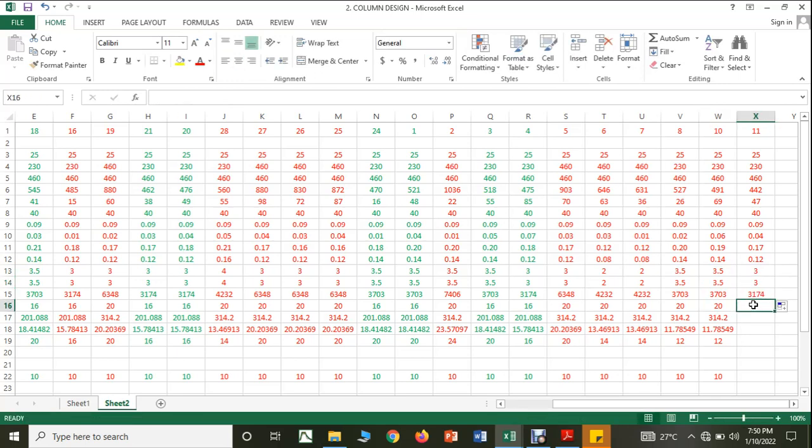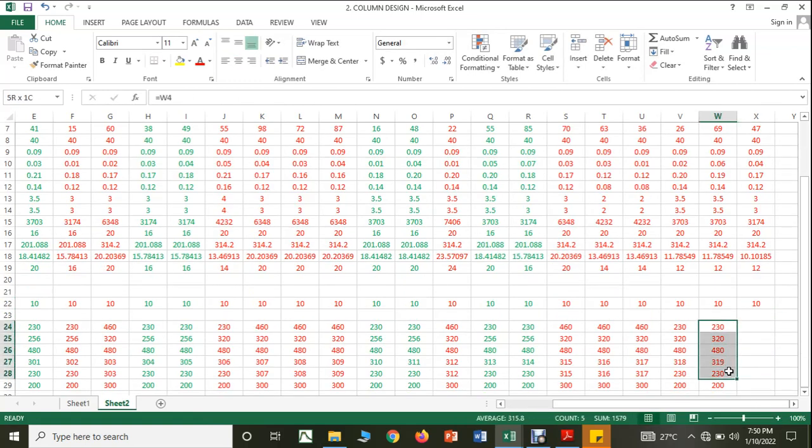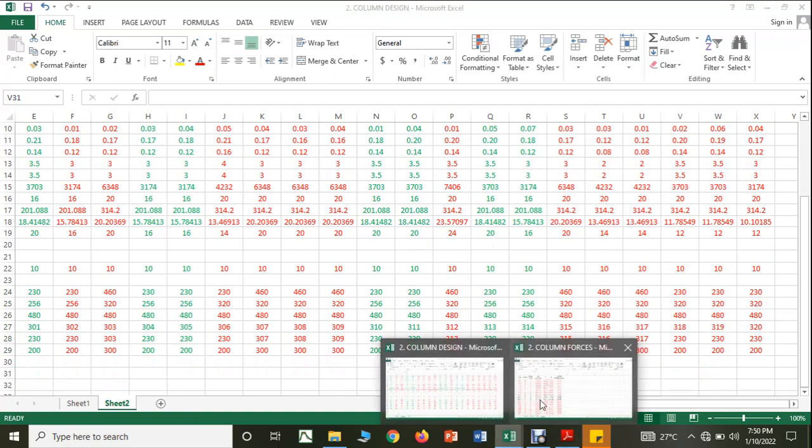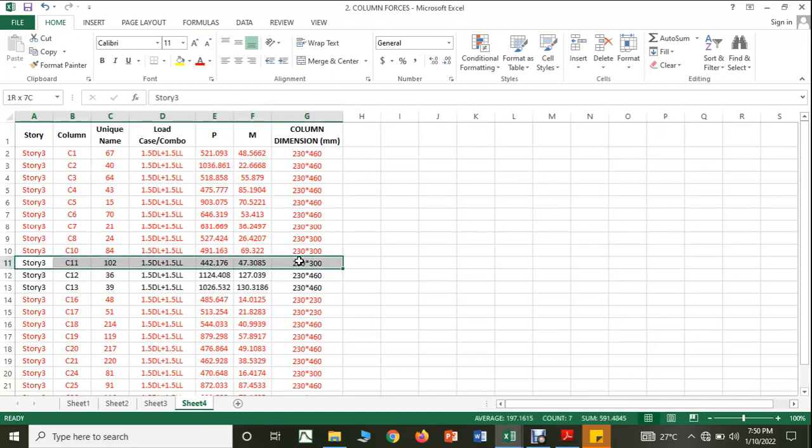So this will be the area, 20 mm dia bars, 314. So I am going to get 10 bars. I can provide 12. So here 10, 230, the least is 200 mm. Okay, yes, so that is your column 11.